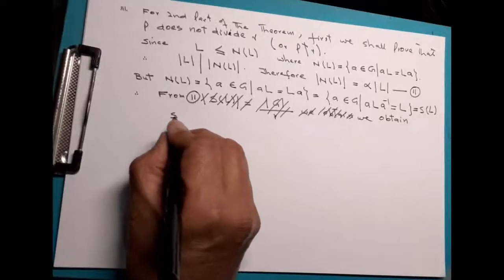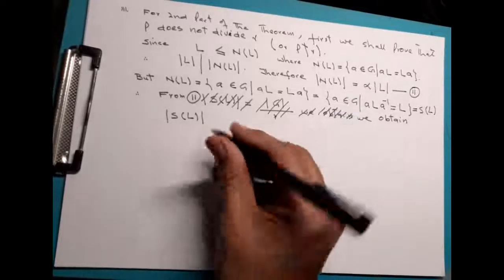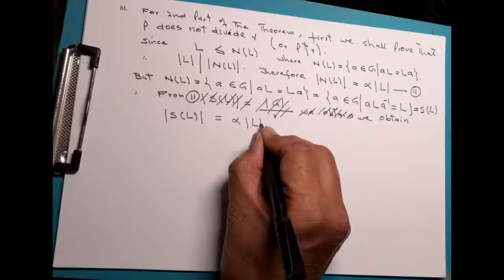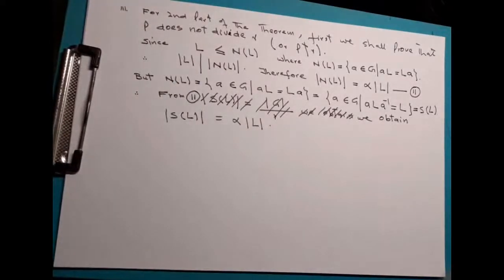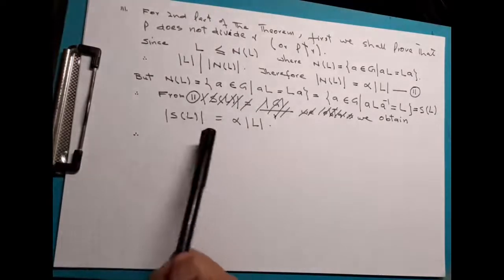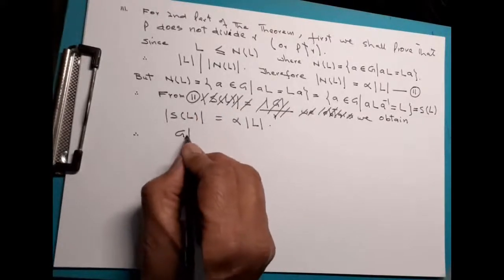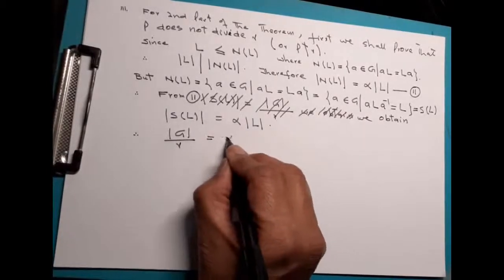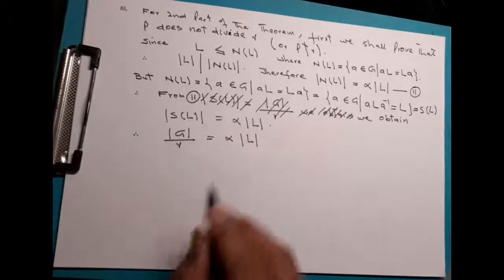So the number of elements in SL is equal to alpha multiplied with the number of elements in L. This was because of this particular divisibility, and therefore we can write it as the number of elements in G divided by R is equal to alpha into the number of elements in L, and this is in fact what I have written here.